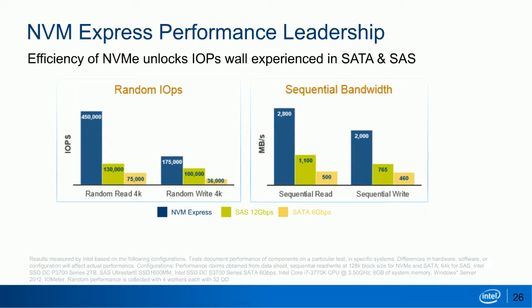You see around 2,000 megabits per second on the NVMe, and 1,100 and 500 on a SAS and a SATA platform, right? So what this clearly shows us is if IOPS is one of your key requirements, NVMe works perfectly, right? To make sure that you get the best IOPS when you compare it with a SAS or a SATA platform.